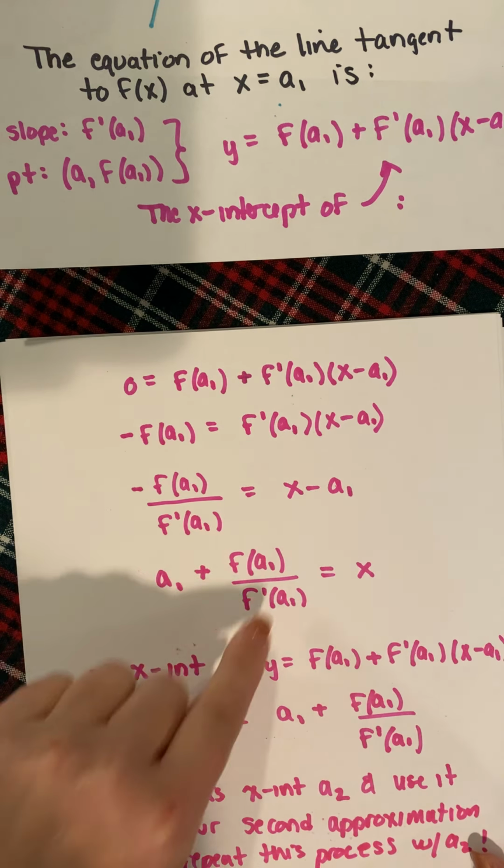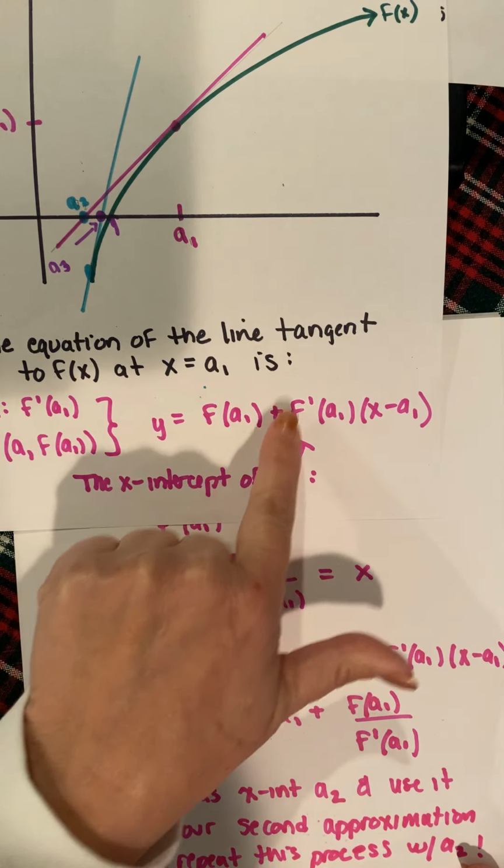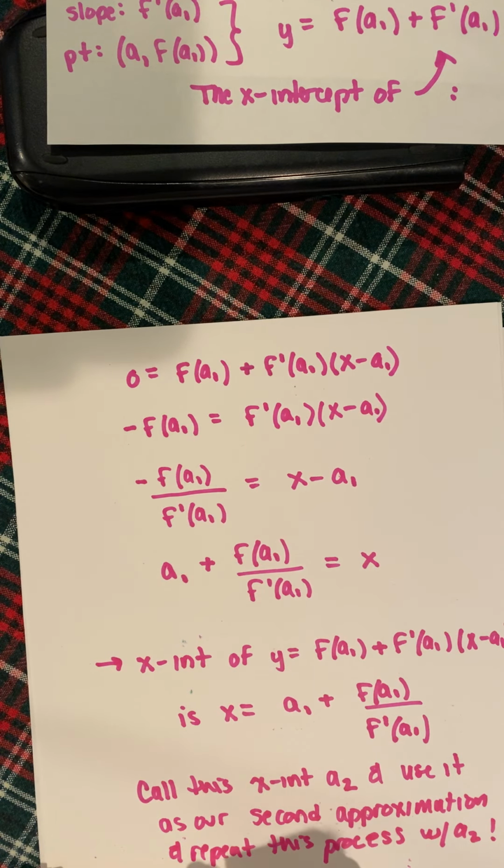So the x-intercept of the second line, we would just have f of a2 plus f prime of a2 times x minus a2. So let me write this down.